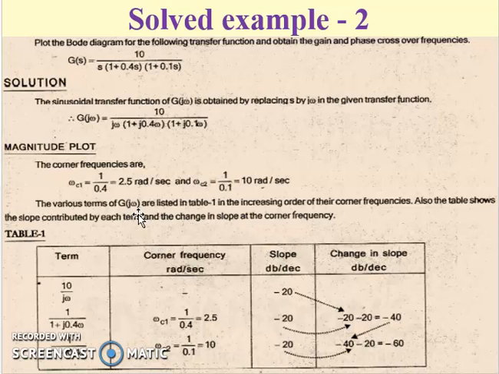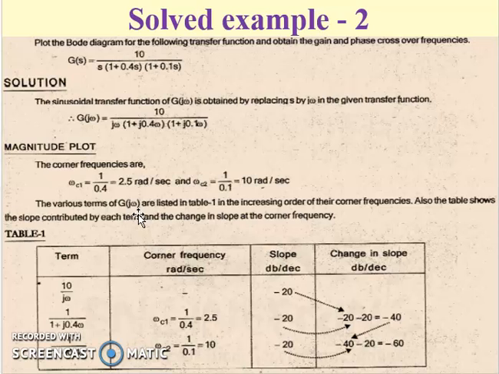So these three terms are listed in table 1, in the increasing order of corner frequencies. The first term is 10 by j omega, which does not have any corner frequency, and being an integral term, it gives a slope of minus 20 decibel per decade. The second term is 1 by (1 + j0.4 omega), which has a corner frequency of 2.5 radians per second, and again the slope is minus 20.